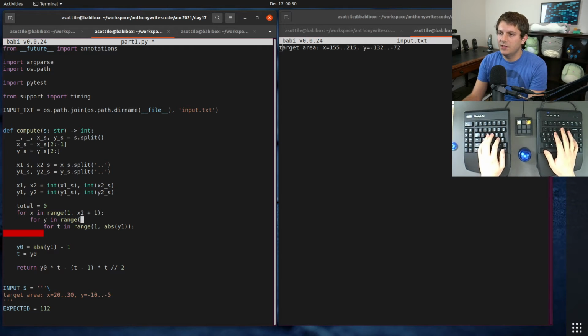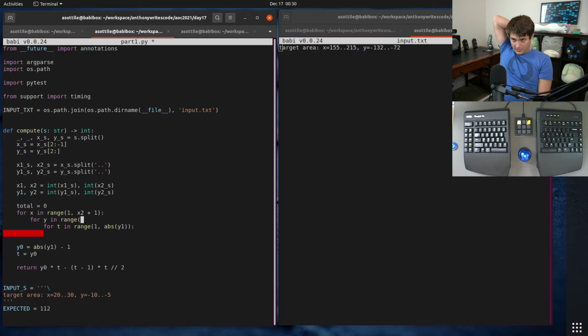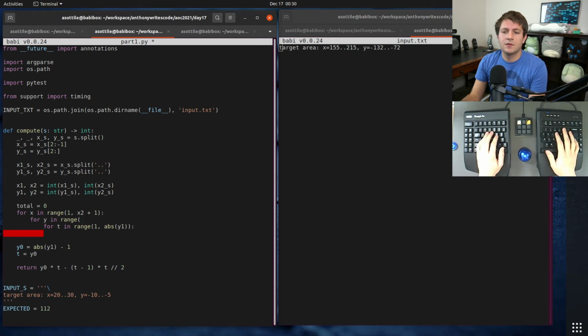For y in range, let's just do the t inner. For y in range, all the way from the negative value, so y1, to the biggest value, which is going to be abs y1 minus 1.